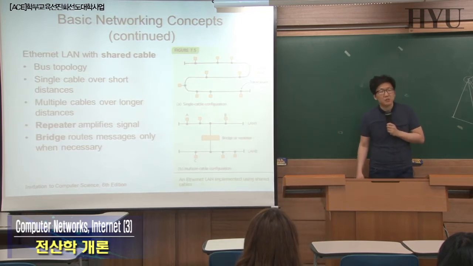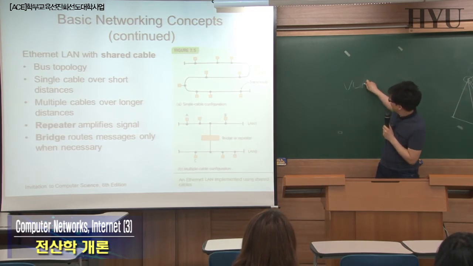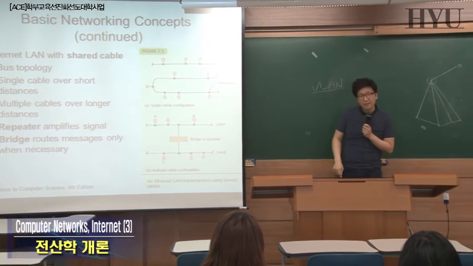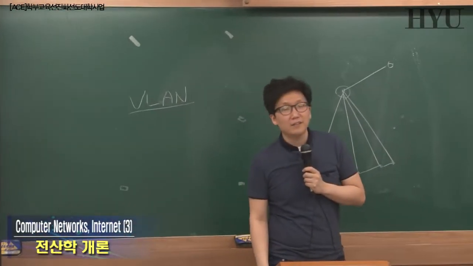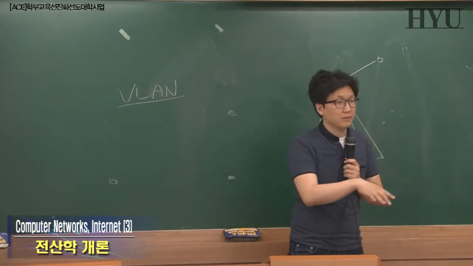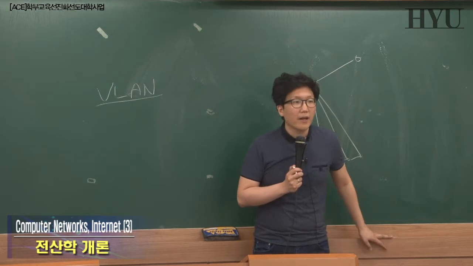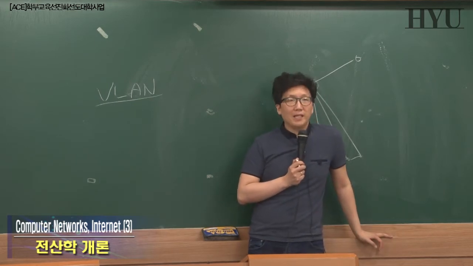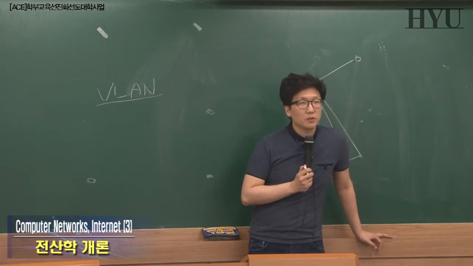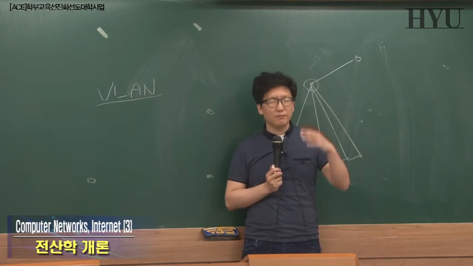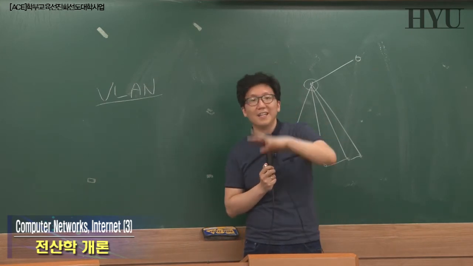Some of you might have heard the term VLAN. Has anyone heard of this? Virtual LAN. The V refers to virtual. Actually, the current networking in this building probably consists of a lot of virtual LANs. So if I'd like to make a local area network in this room and the room above, then I can create something called a virtual LAN.